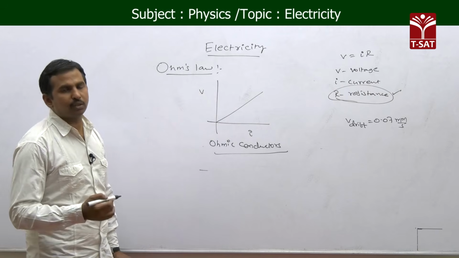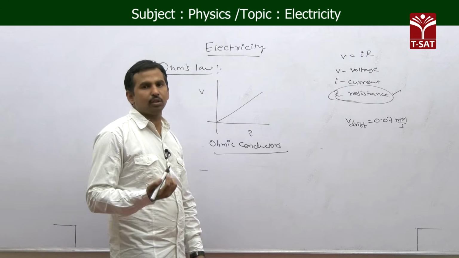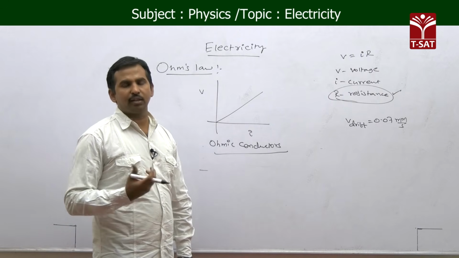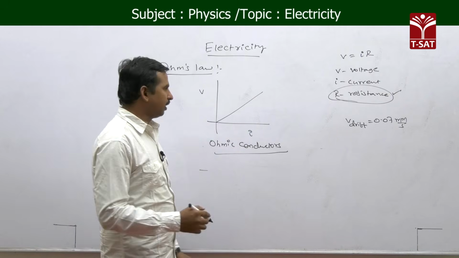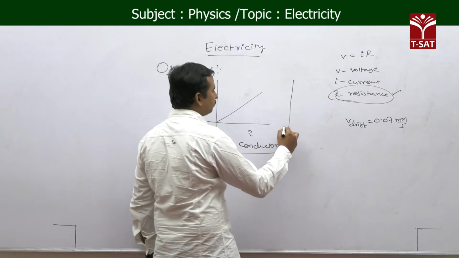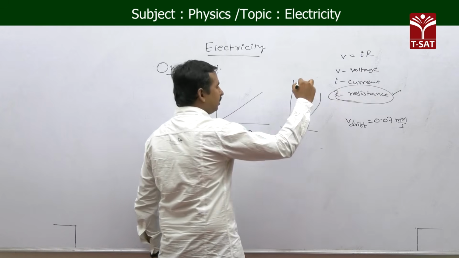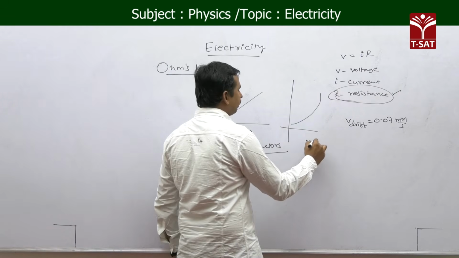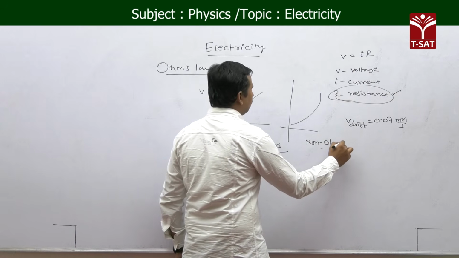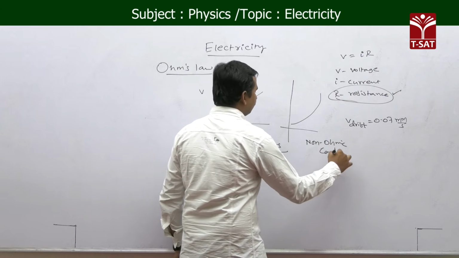Whereas for other conductors which are non-ohmic, particularly gaseous conductors, the graph is no more a straight line. Here we get a curve. This is for non-ohmic conductors. Okay.